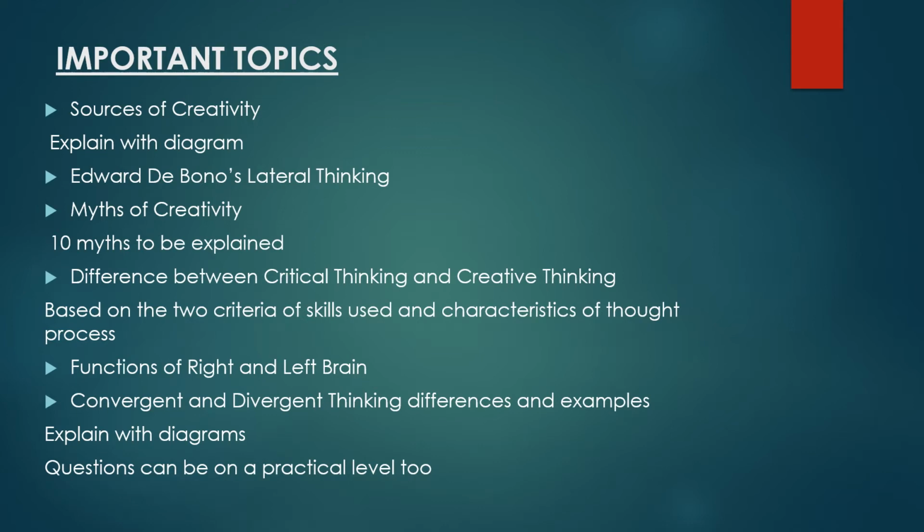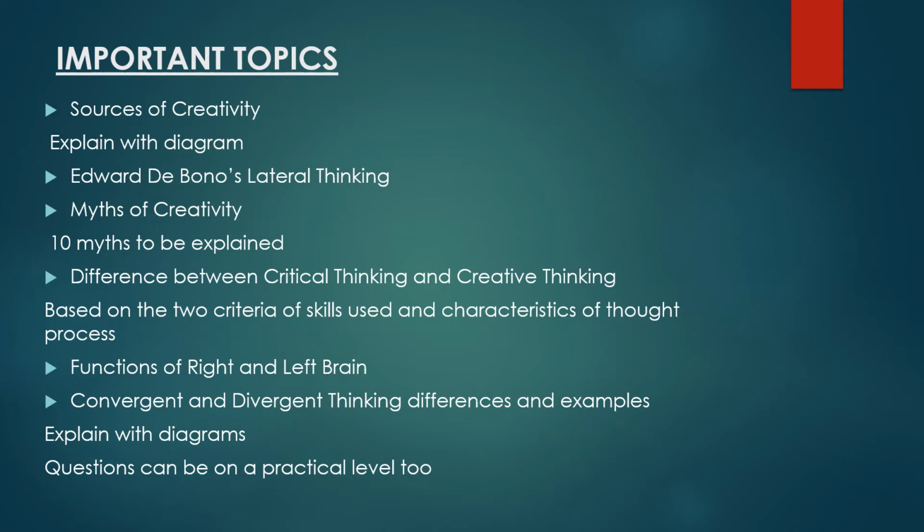If it's 2 marks, write shortly, like 4 points will be enough. And the differences should be based on 2 criteria: one is skills, the other is characteristics of the thought process. Accordingly, you should write the answer.